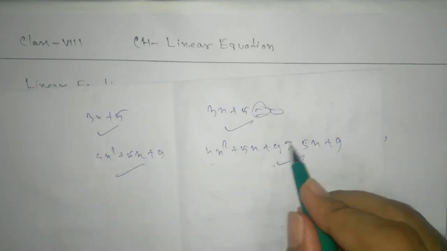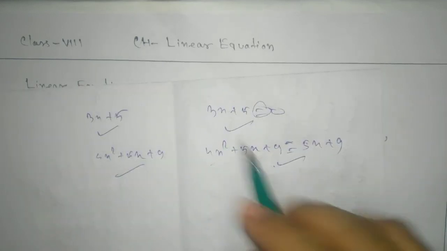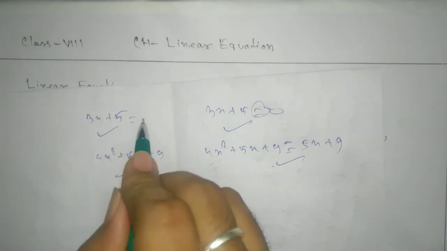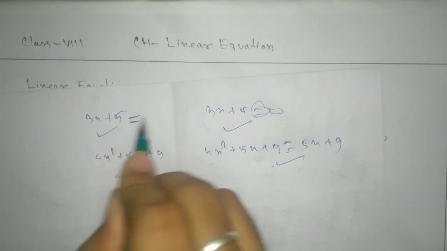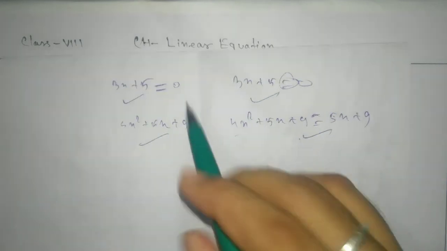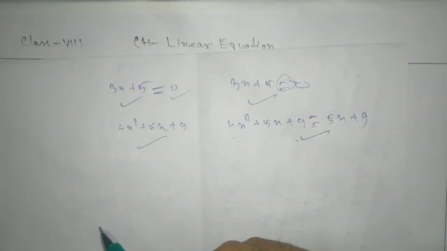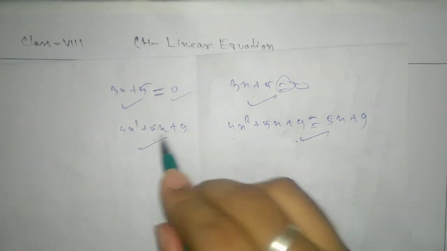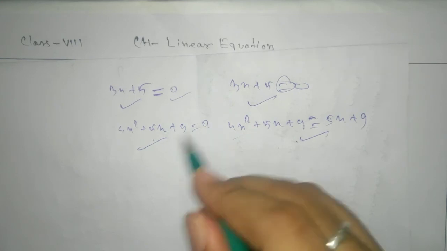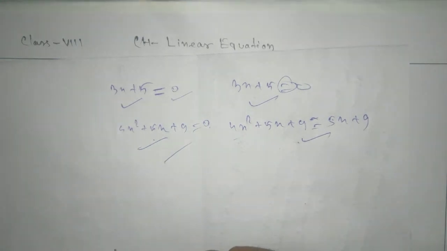Wherever you see the equal to symbol, that expression converts into an equation. Just apply 0 here, then it becomes an equation. Right now it is an expression. Just equate it to 0 or any number, any constant, and we get an equation.